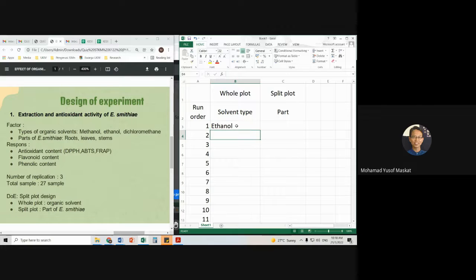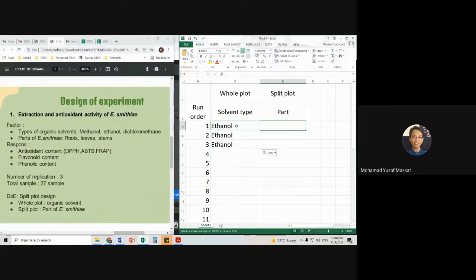So for ethanol, this is the whole plot, meaning she has to do all the ethanols first. But within this whole plot, she has a split plot, that is the part.